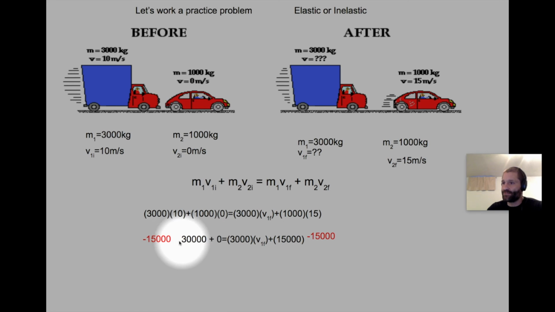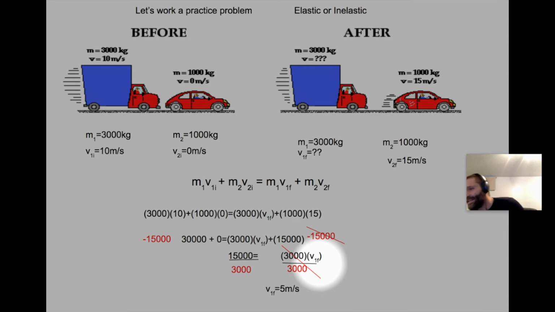So now I just subtract this from this, because those are gone. That's going to give me 15,000 equals 3,000 times VF1, the velocity of 1. This is why it's so important to identify your variables and write it down and be meticulous. Opposite of multiplication is division. What I do on one side mathematics, I do on the other.